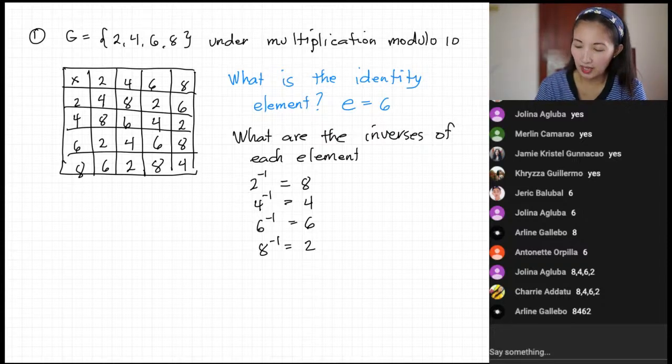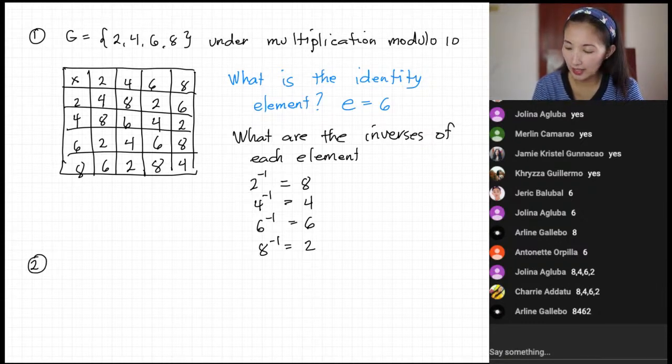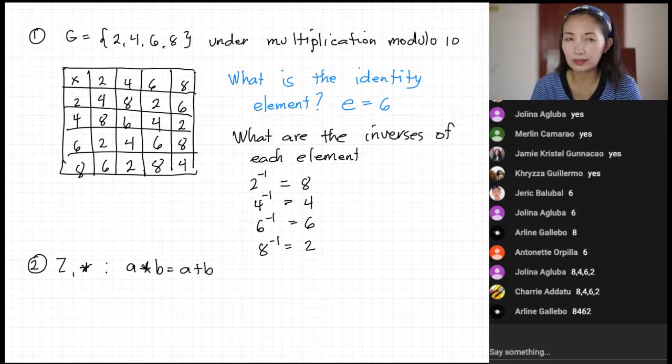So, common mistake number 2. We have the set Z, your set of integers, and a binary operation star defined on the set of integers such that A star B is equal to A plus B plus 1.